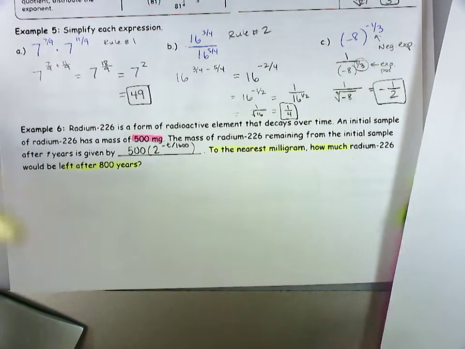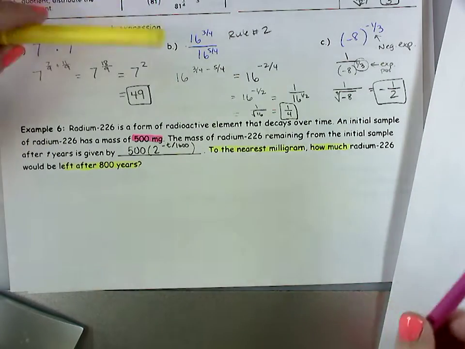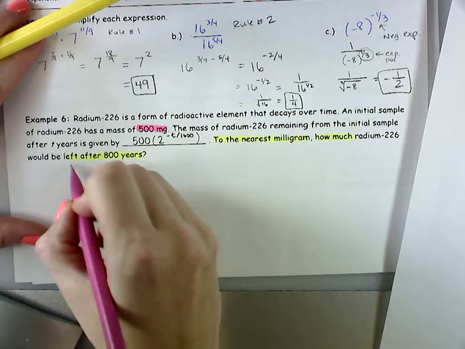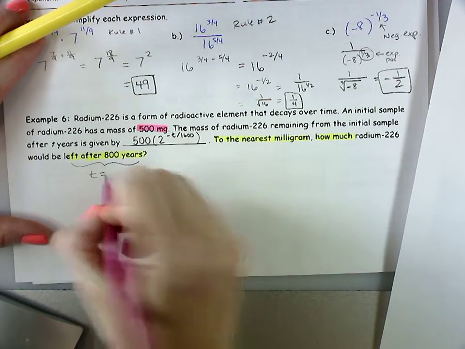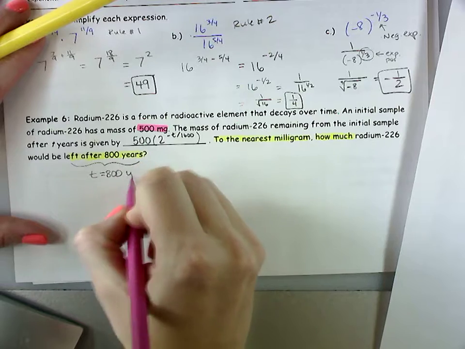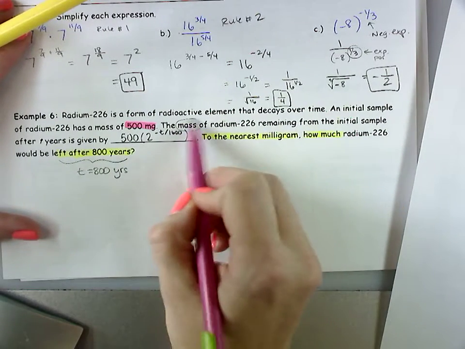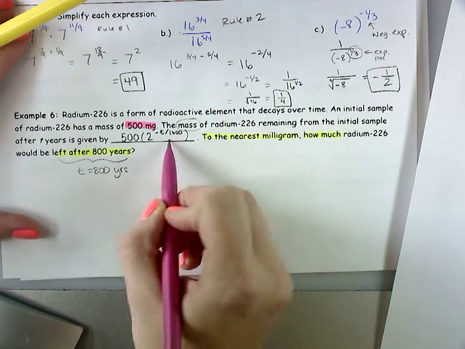All right, so let's start with what they gave us. So how much will be left after 800 years? So this means our time is going to be 800 years. The equation that they gave you says the mass that's remaining is given by this equation.